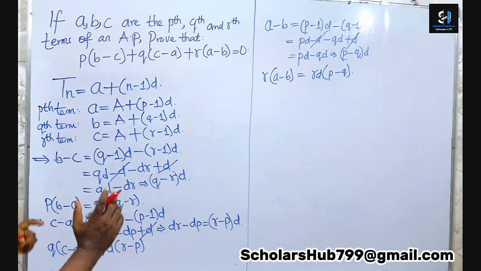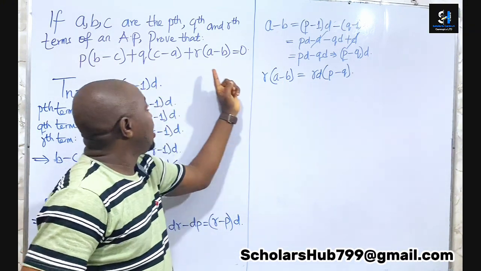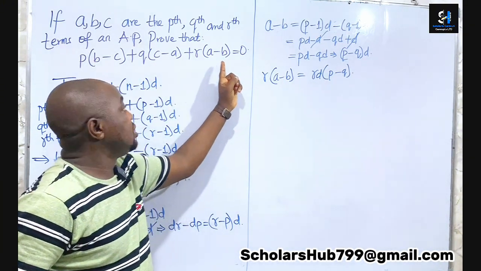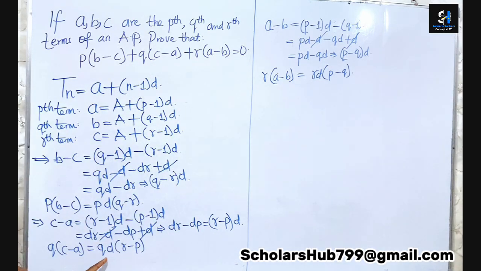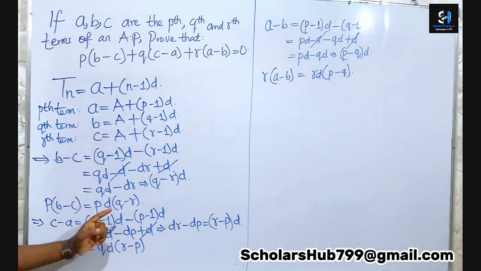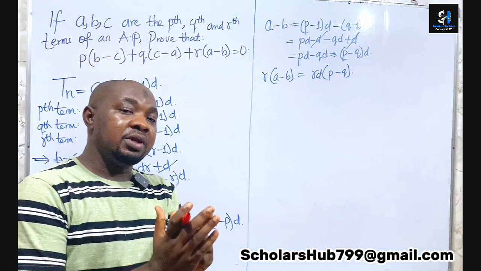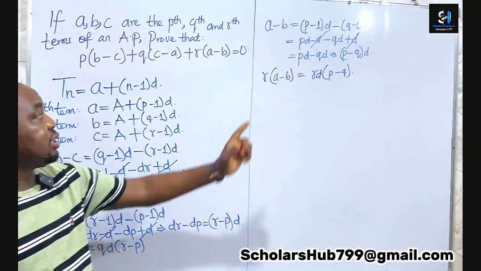Now I'm going to add this, because we have r(a minus b), and also add this, which is the expression for q(c minus a). And I'll also add this. I'll add the three together. Now, by adding the three expressions, are we going to get 0?